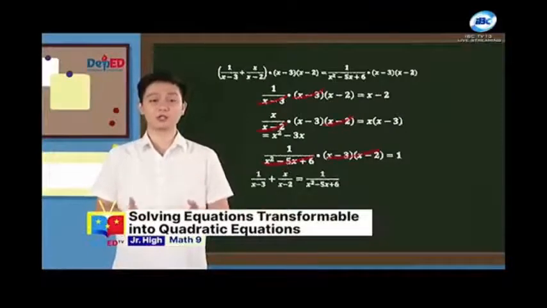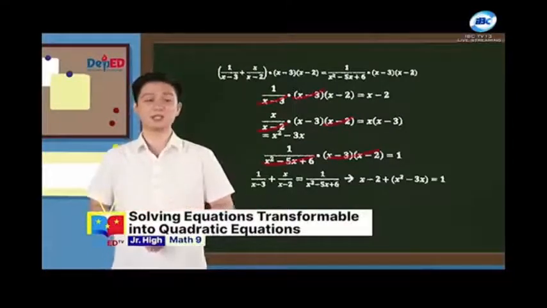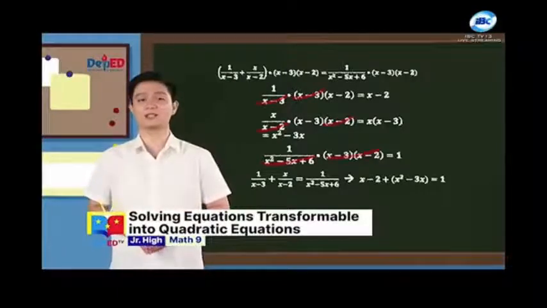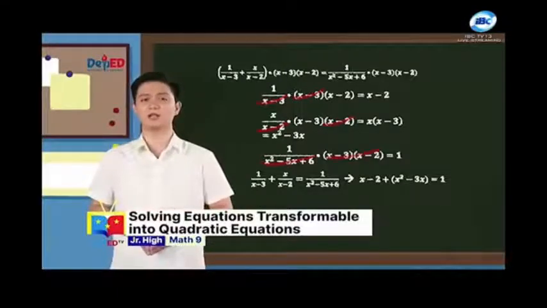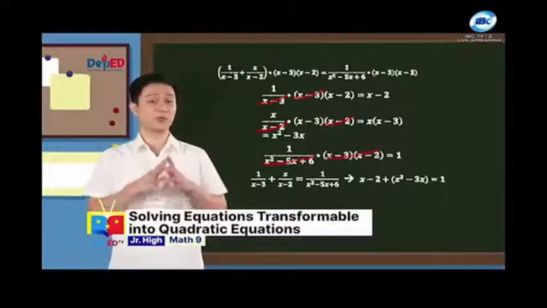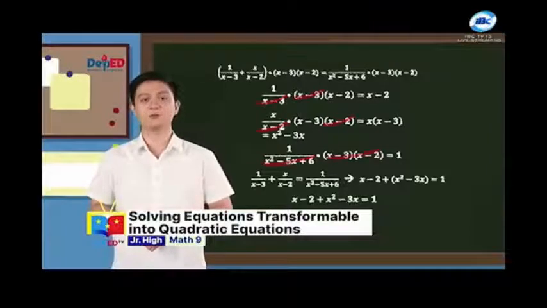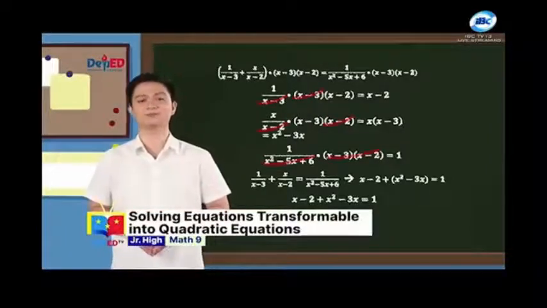Therefore, the rational algebraic equation can be written this way. Since the binomial x squared minus 3x is preceded by a plus sign, we do not need to reverse the signs of the terms in this binomial. So, we may remove the parentheses. Hence, we can write the equation like this. X minus 2 plus x squared minus 3x equals 1.